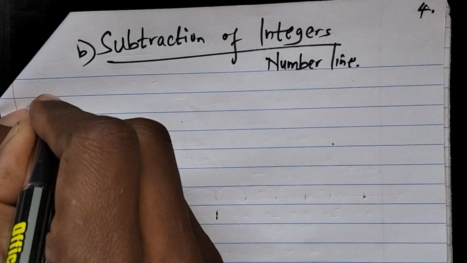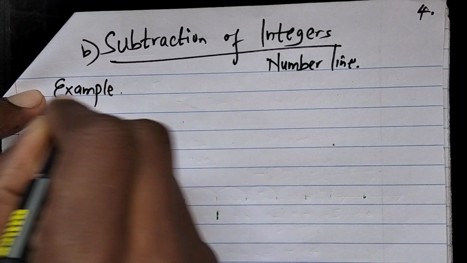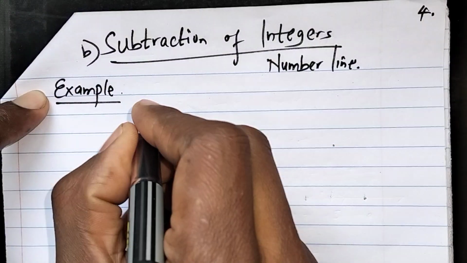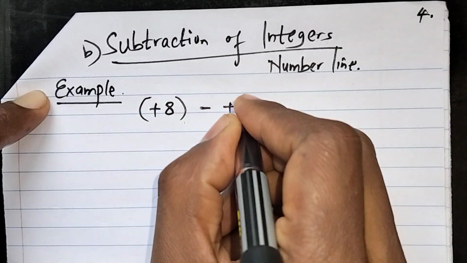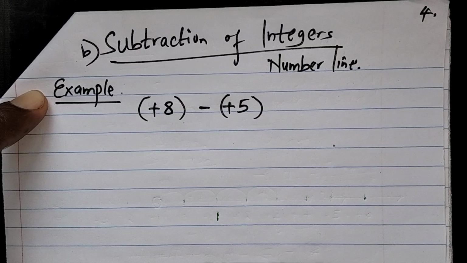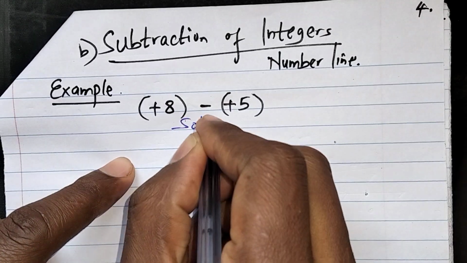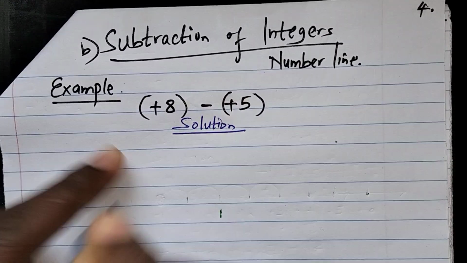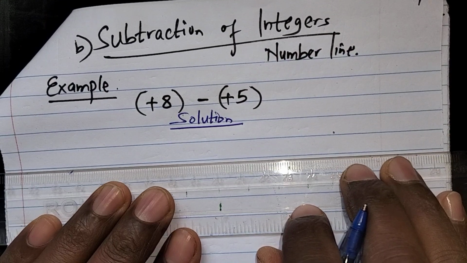Now, example 1, the first example in this lesson: we have positive 8, brackets, minus positive 5. As usual, in solving this one, we shall draw a number line. Solution. You take a ruler and draw a number line.